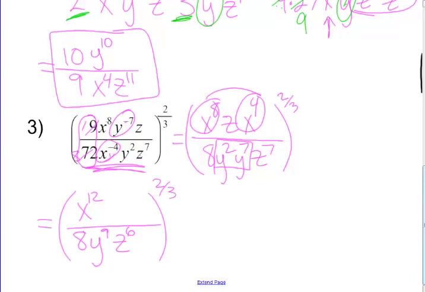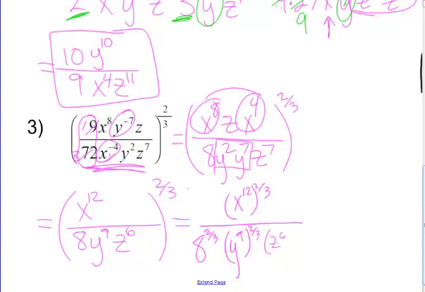Did I lose? Oh, no, my number's still there. Okay, good. Now everything to the 2/3 power. 12 to the 2/3 power, 8 to the 2/3, y9 to the 2/3, z6 to the 2/3.